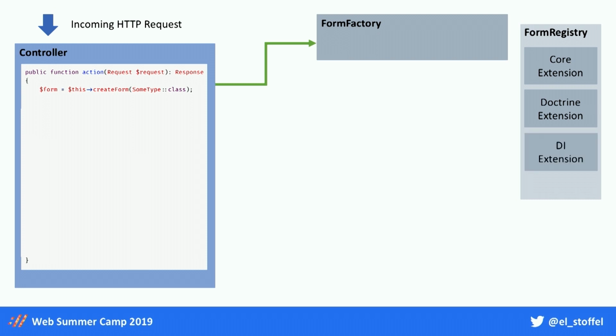This extension is responsible for that we can use our own form types in the controller, for example. Because every class, every form type we're implementing will get a tag.